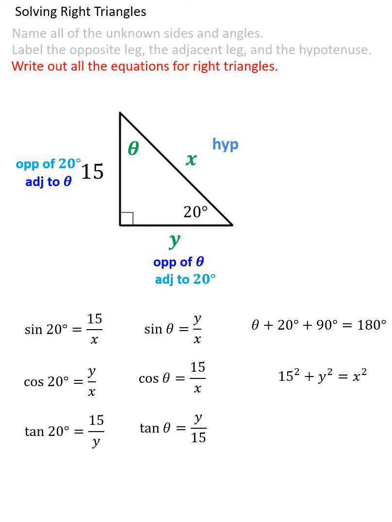And so what I've done here is I've created 8 equations. And you might be thinking, I don't want to write out 8 equations when I'm trying to solve a right triangle. Well, I don't either. But sometimes, especially if you're new to this process, you'll have to write out all 8 of them and use the process of elimination to decide which ones aren't particularly helpful.